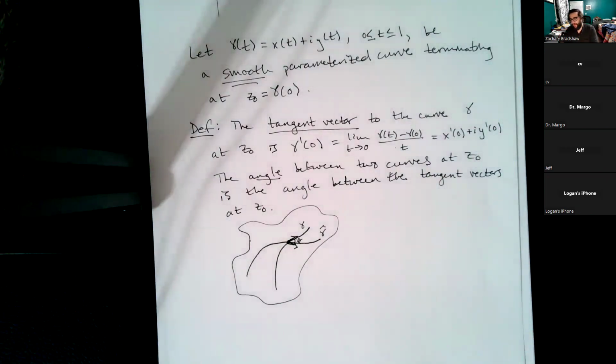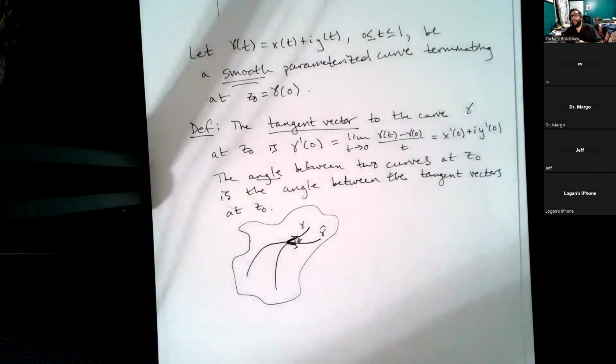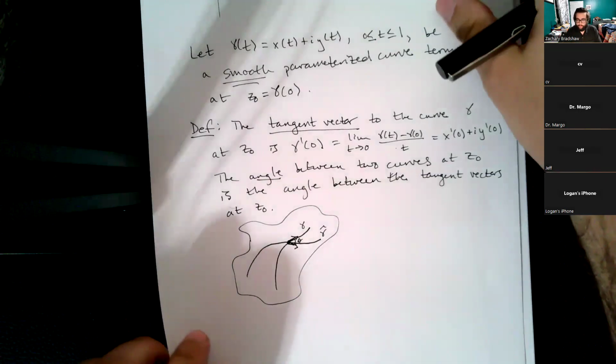So this is giving you a way to define an angle between two curves at a point at which they intersect. And the way we do that is by looking at the tangent vectors to each of the curves. Okay.